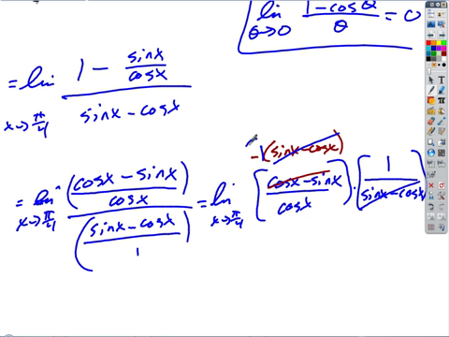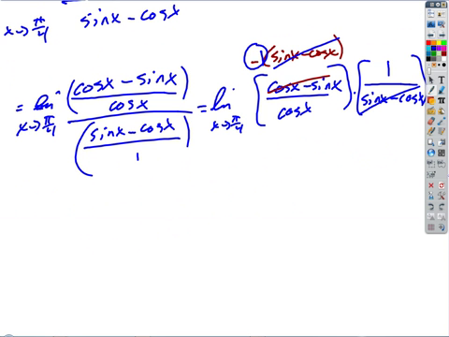Now we can evaluate directly. We're left with the limit of -1 times 1 on the top. On the bottom, we get cosine x times 1. As x approaches pi fourths, what's the cosine of pi fourths? Square root of 2 over 2.